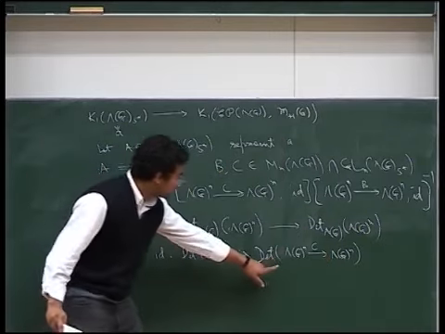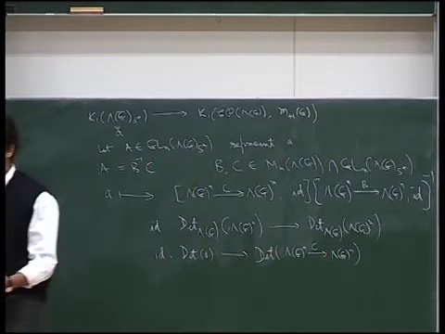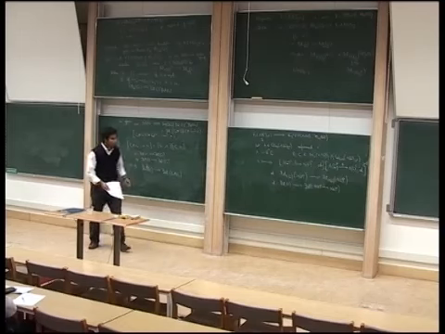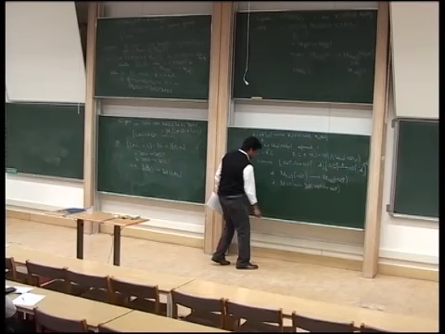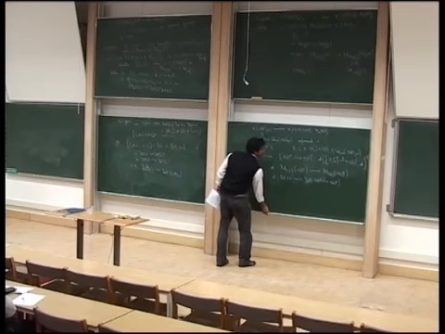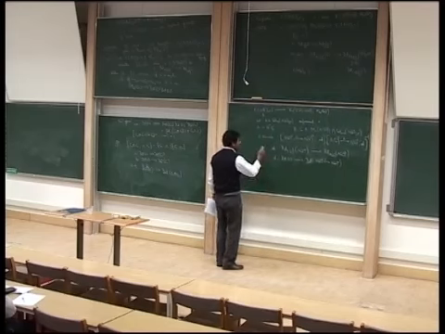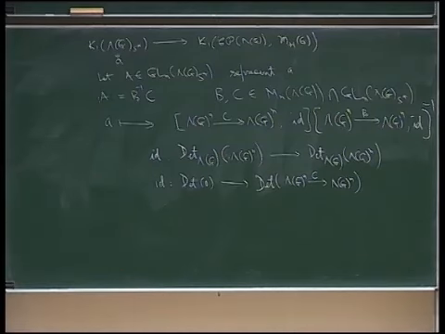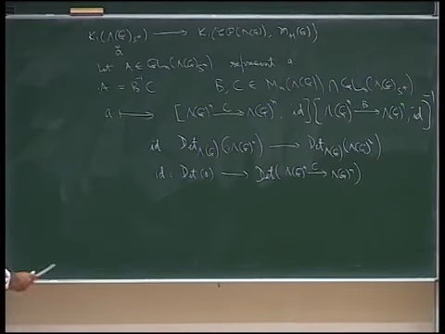So this determinant is not determinant of C. Okay. So this gives you a map in the other direction. The composition is obviously identity, and we just have to check well definedness, which I won't do here.